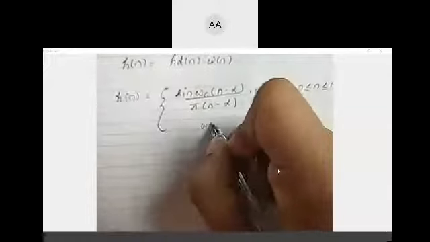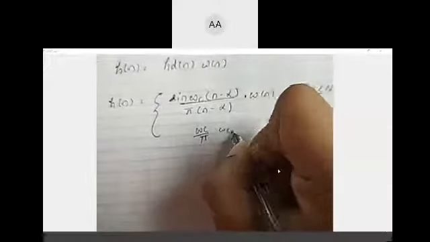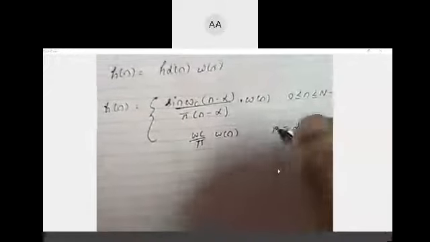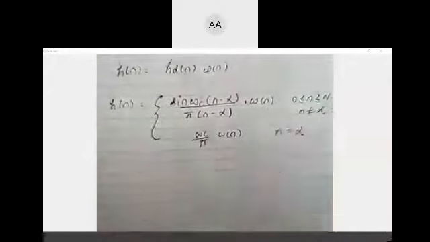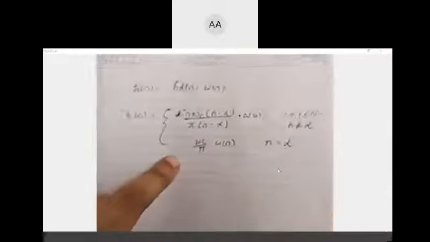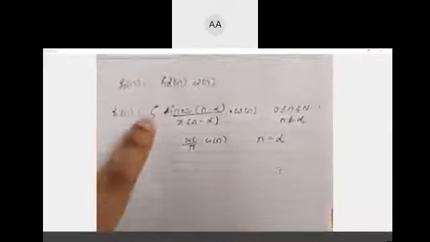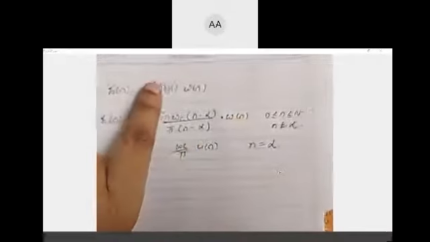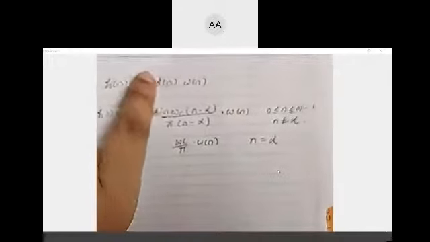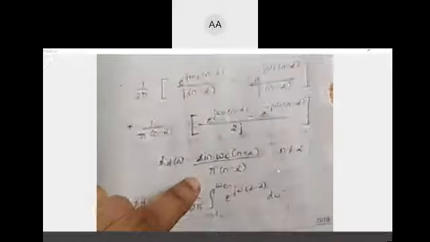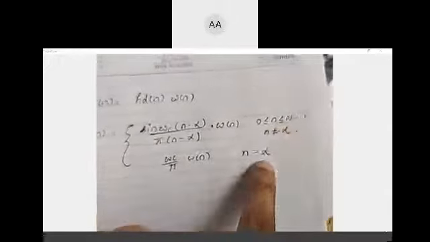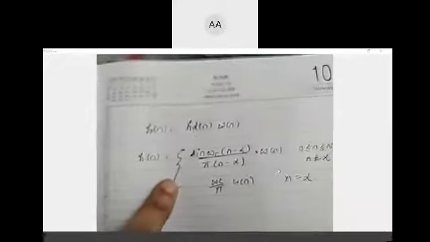And it is omega c by pi into w of n for n equal to alpha. So the entire thing, your h of n, you have written in one equation, because hd of n we obtained for both n not equal to alpha and n equal to alpha. Because your w of n is used and its range is 0 to N minus 1, your actual h of n is this.